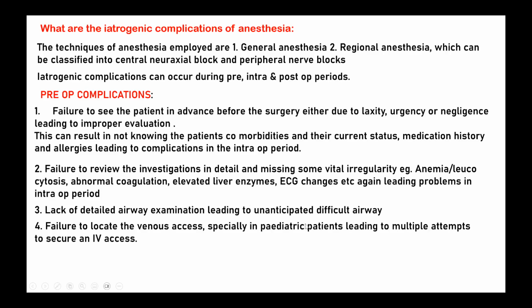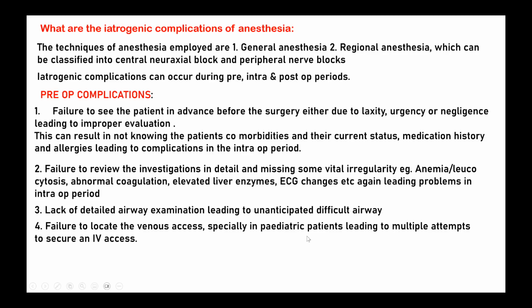Sometimes the IV line access will take more time than the surgery. For example, a very chubby child who weighs about 10 kilos at the age of 6 months coming for a circumcision. There are incidences where the anesthetist has taken 1.5 hours to locate the vein and the surgeon finished the circumcision in 15 minutes. So that sort of complication is also possible.